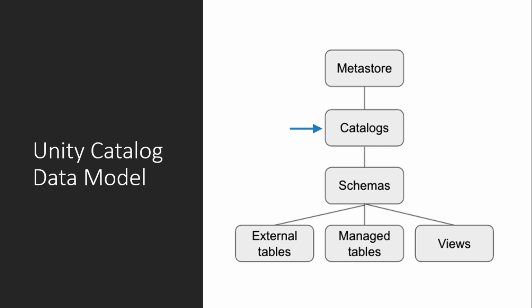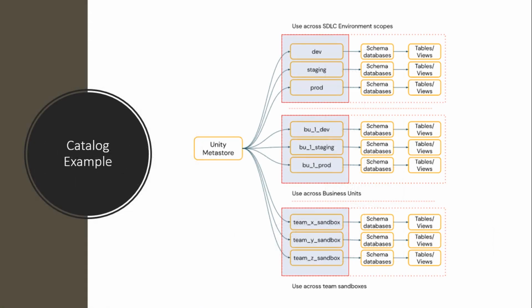The next layer is your catalog. The catalog is, in fact, the first layer of the object hierarchy. In a typical case, you may have multiple catalogs in your metastore based on your business units, teams, and development environment. Here is an example. So, you can have dev, staging, and prod catalogs. You can have multiple catalogs for business units or teams. The idea is to have one organizational metastore, and separation is done using the catalog.